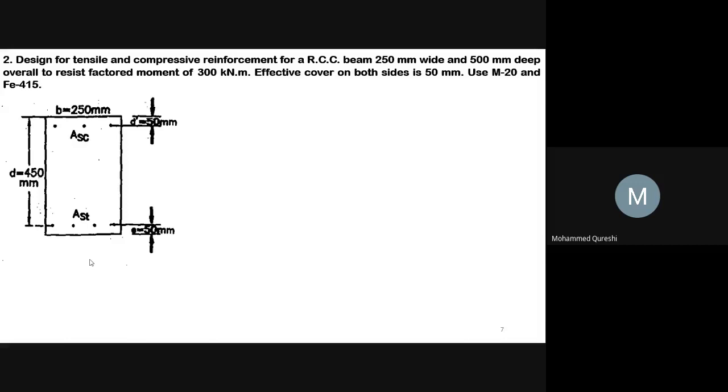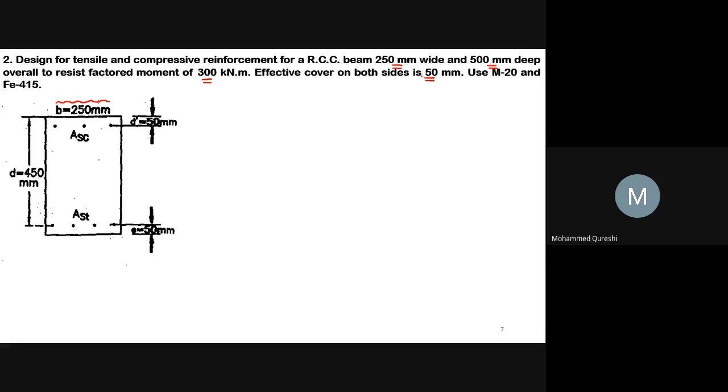Now we will go for the second example. In the example, it is given to design tensile and compressive reinforcement for an RCC beam 250 mm wide. Here the width of the beam is given as 250 mm and 500 mm deep overall, meaning overall depth capital D is given as 500 mm, to resist a factored moment of 300 kilonewton meter, and effective cover on both sides is 50 mm.